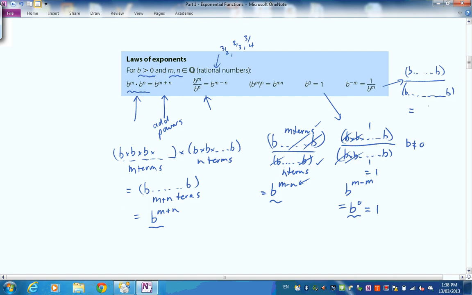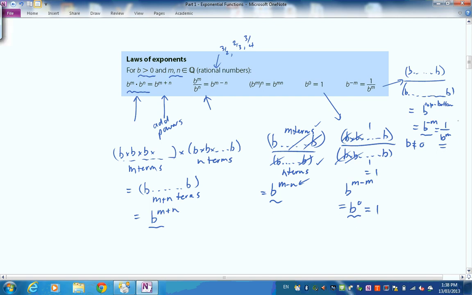So using the rule, it would be the number of b's in the top minus the bottom, and if there were more in the bottom, you'd get a negative power, meaning that all the b's that were left were in the bottom. So therefore it's 1 over all the m lots of b would be in the bottom. So that comes as a result of the division rule there for the quotient that you subtract powers.